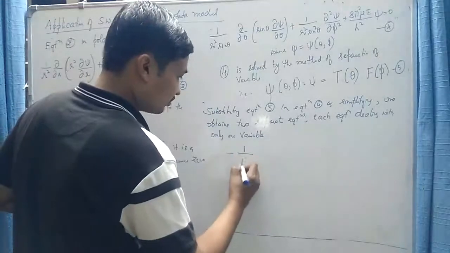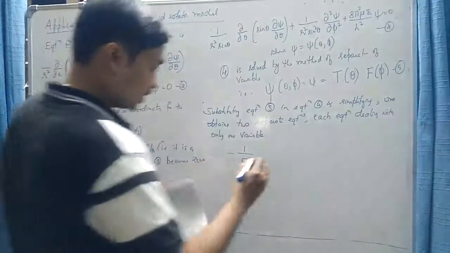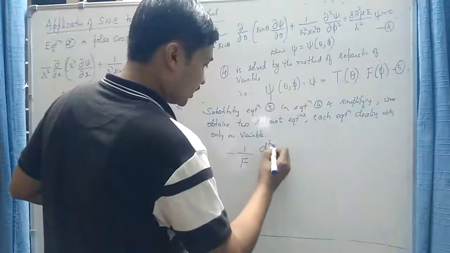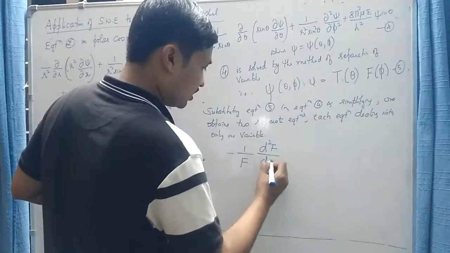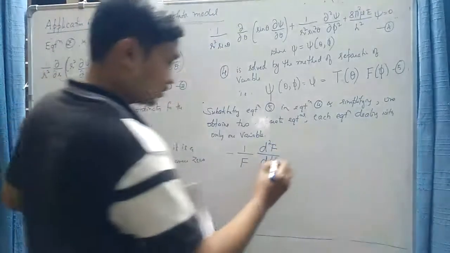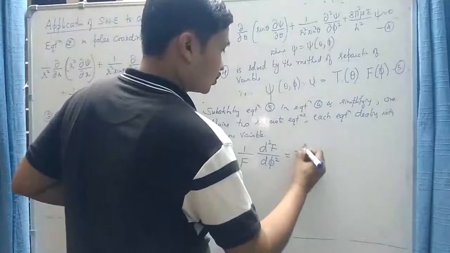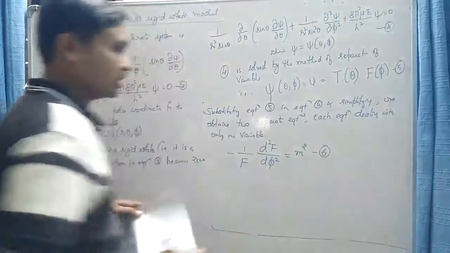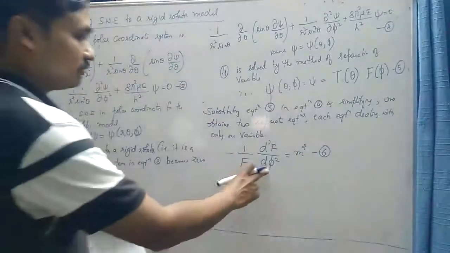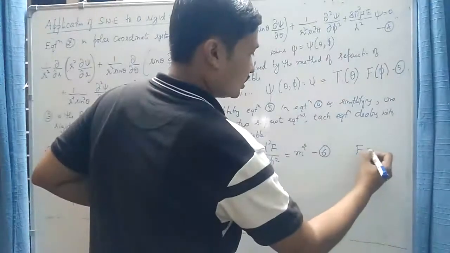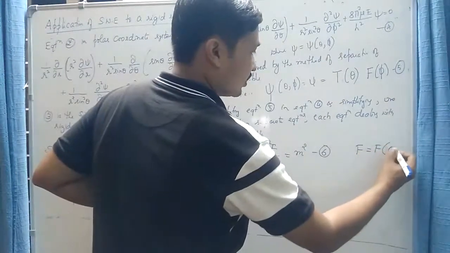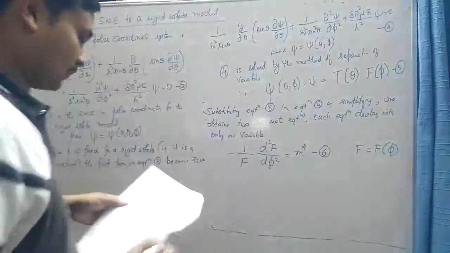The first equation is minus 1 by F into d square F divided by d phi square is equal to m square. This equation deals with only one variable phi, where this F denotes function F of phi.